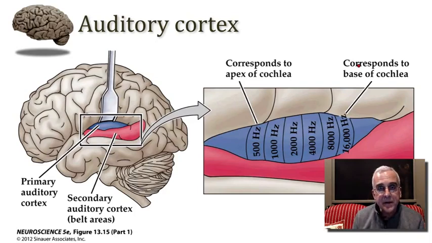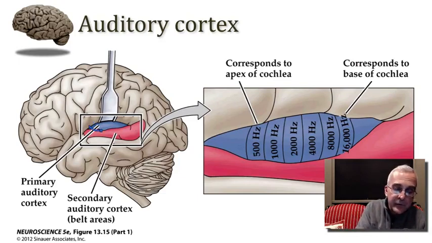And typically 2 or 3 of these gyri are where we will find the terminations of the medial geniculate complex of the thalamus. So that's where we would find our primary auditory cortex and the core division, which is illustrated here in blue.